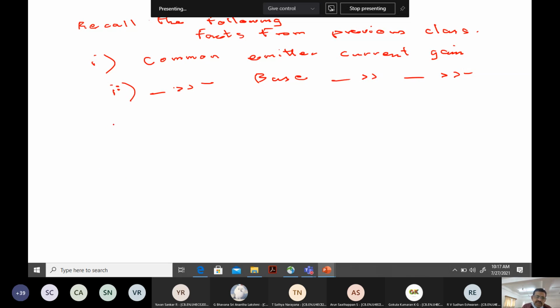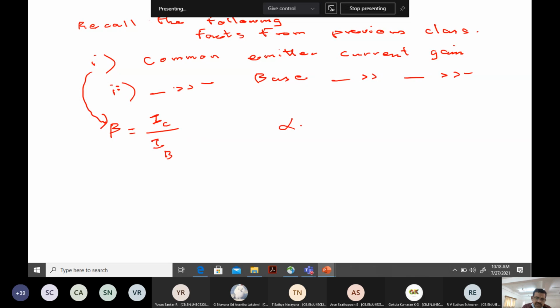These two parameters were defined as follows. Beta is for the common emitter gain, and that will be the output current by the input current, which is the base current. So that is IC by IB.